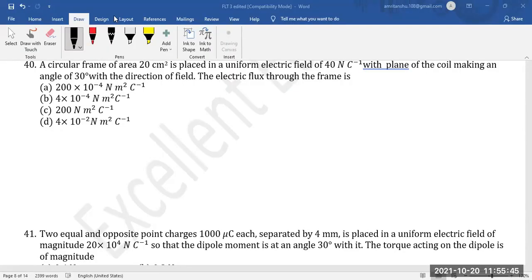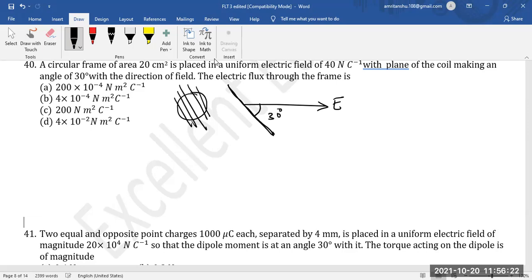In this question, if we consider the plane to be like this, placed in a uniform electric field of 40 newtons per coulomb, with the plane of the coil making an angle of 30 degrees. If I take the electric field like this and the plane like this, the angle that this plane makes with the field is 30 degrees.